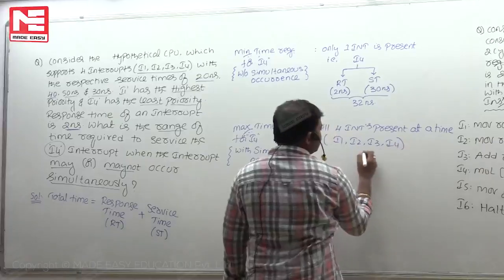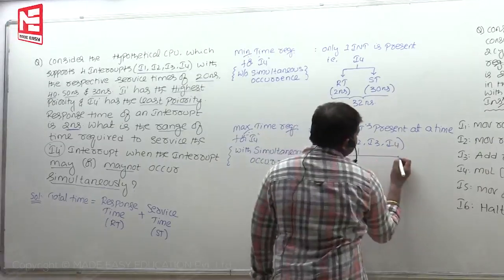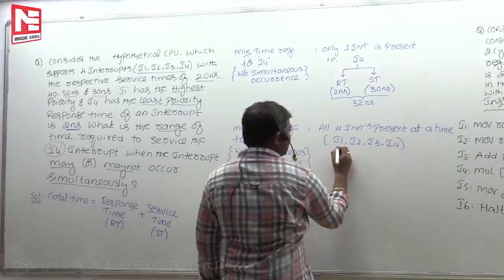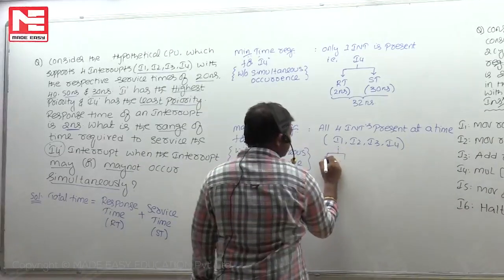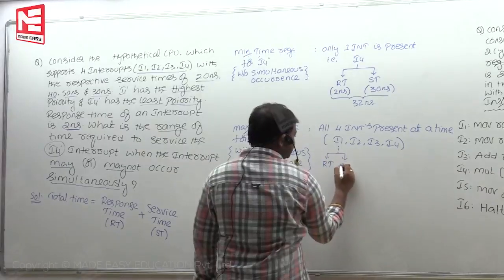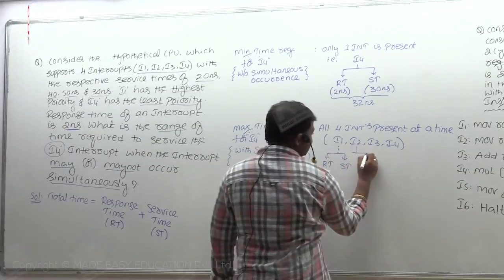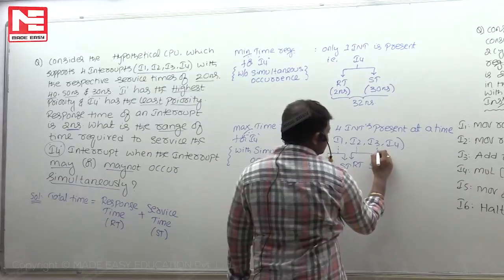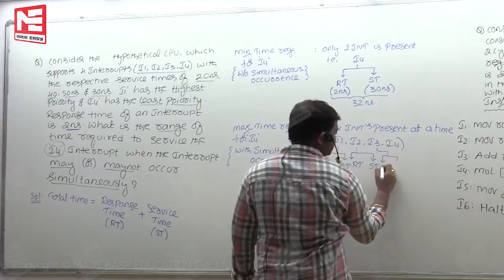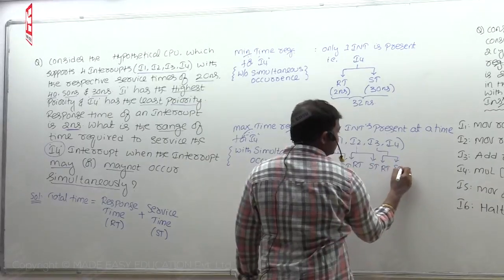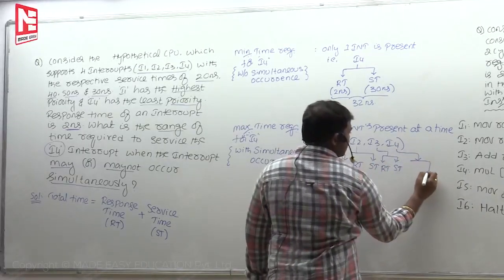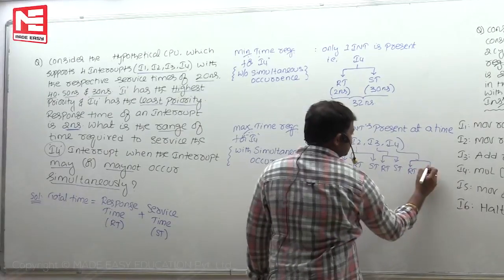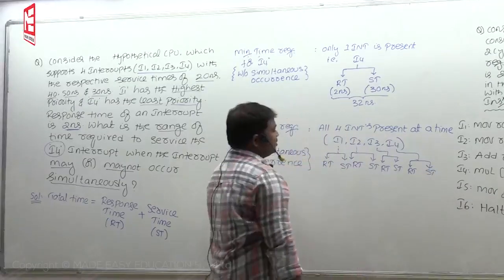Clear now? So according to the priority, service them. Highest priority is I1. So first I1 is serviced, that is RT and ST. Next I2 is serviced, that is response time and service time. Then I3, response time and service time, and finally I4, response time and service time. Is it clear now? Right.